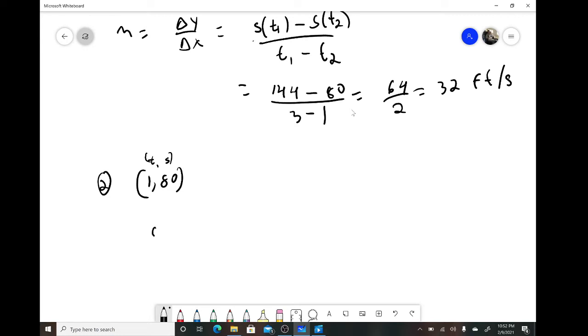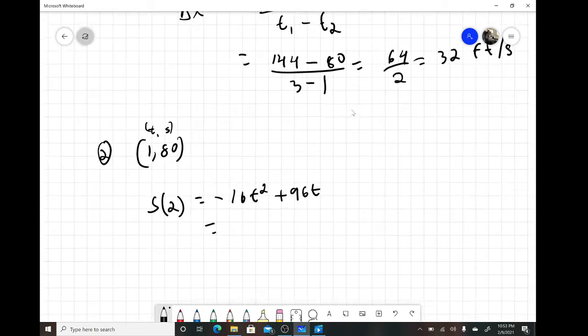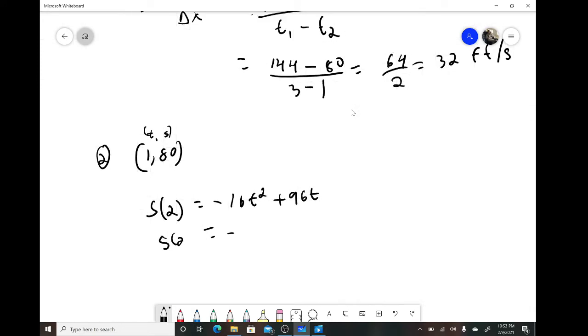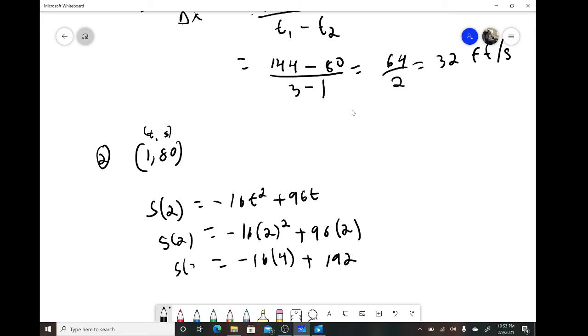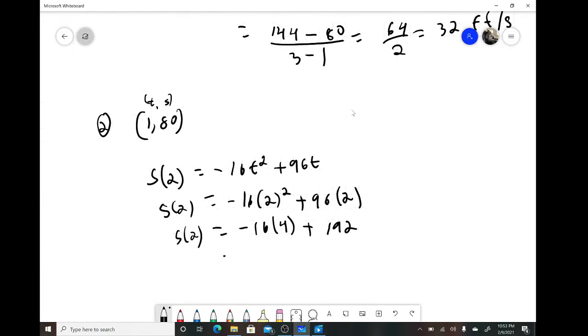So now we're going to look for s of 2. Again, the formula is negative 16t squared plus 96 times t. So we have negative 16 times 2 squared plus 96 times 2. This is negative 16 times 4 plus 2 times 96, which I believe is 192. And negative 16 times 4 is negative 64.